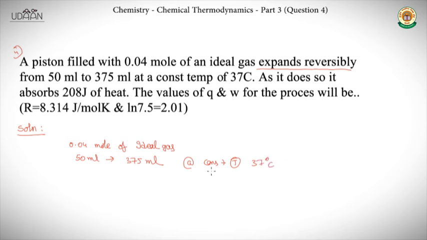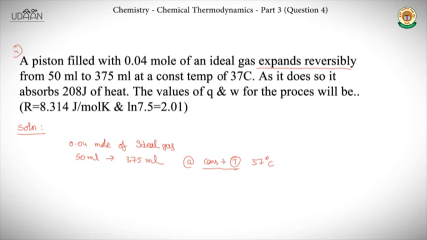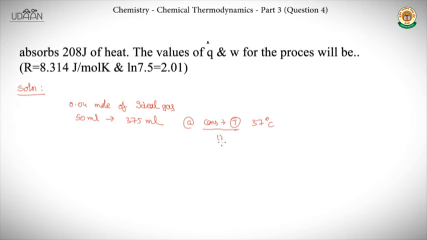So they gave that the system is at constant temperature. What does it imply? That it's an isothermal process, and the internal energy doesn't change. So in an isothermal process, since temperature is constant, change in internal energy will be zero.